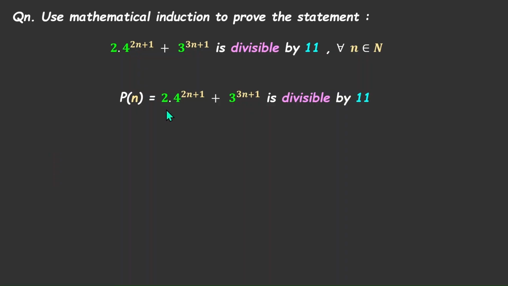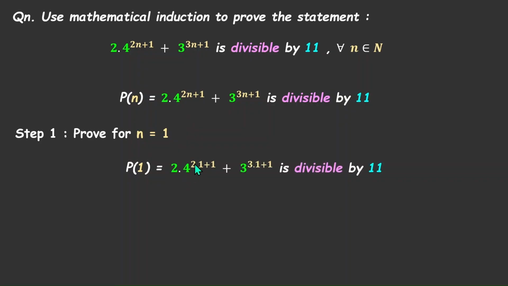So first we'll prove for the base condition, which is when n is belonging to natural. So our base condition would be the lowest one, which is n is equal to 1. So step 1, we have to prove for n is equal to 1. So p of 1 here would be equal to, when I plug n is equal to 1 in this equation, 2 into 4 raised to power 2 into 1 plus 1 plus 3 raised to power 3 into 1 plus 1, which should be divisible by 11.